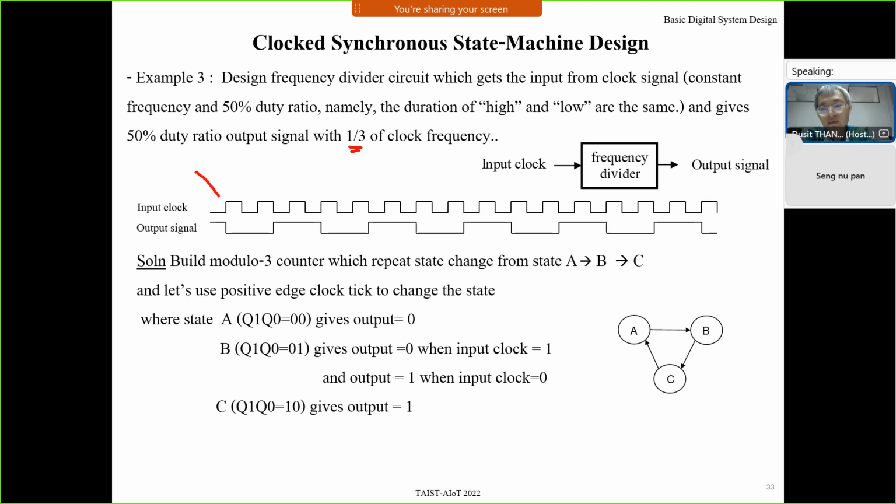For example, if the clock frequency is 30 Hz, the output frequency should be 10 Hz. And one more condition, I want the output to have 50% duty ratio, namely the high and low periods must be the same.